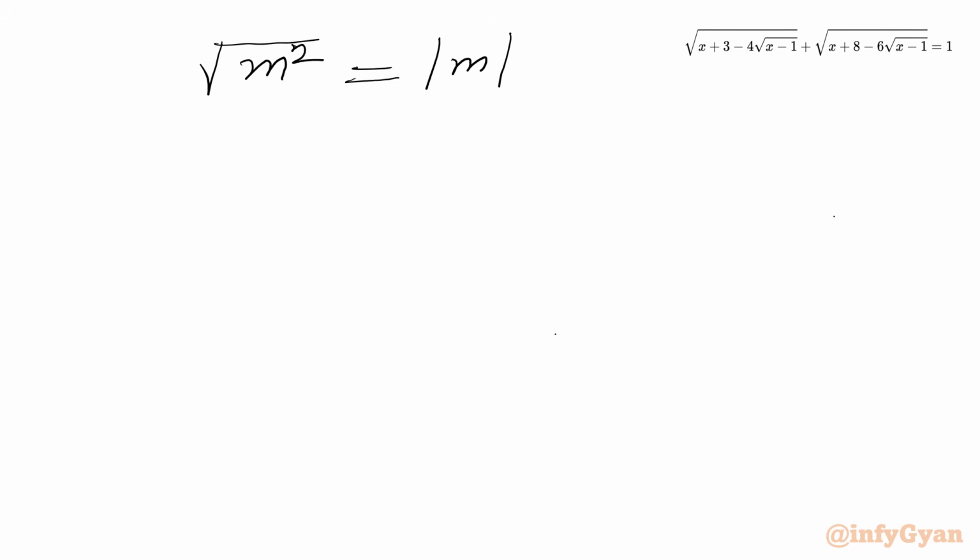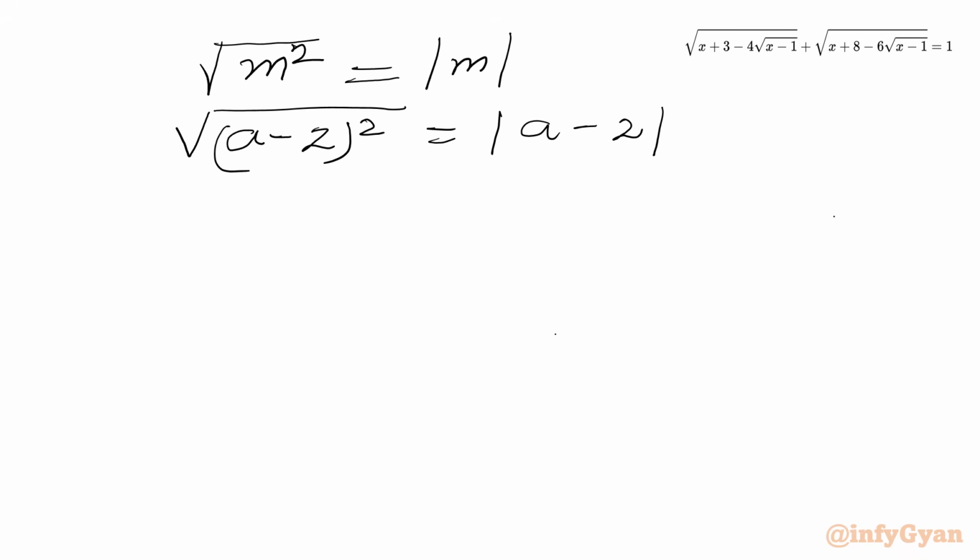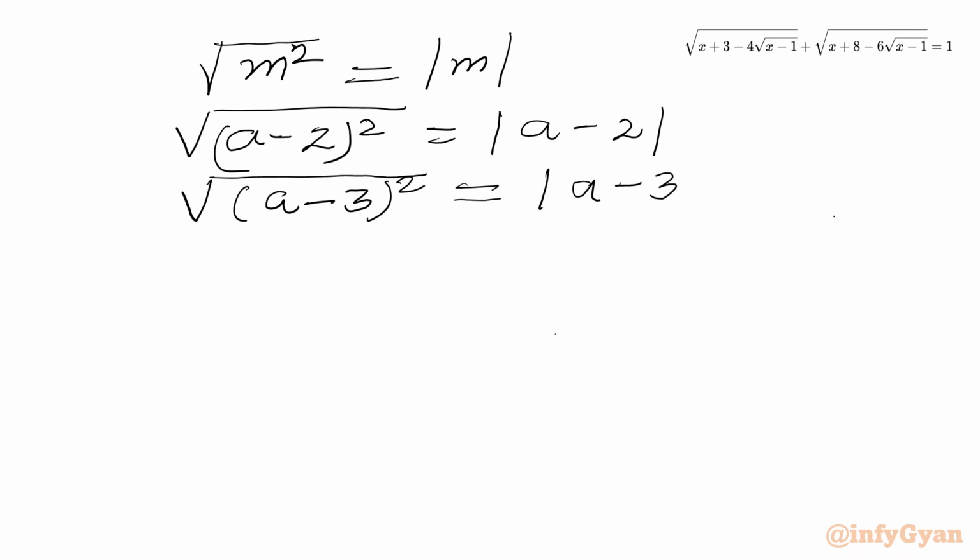So in place of square root of (a minus 2) whole squared, we should write mod of a minus 2, and in place of square root of (a minus 3) whole squared, we will write mod of a minus 3.